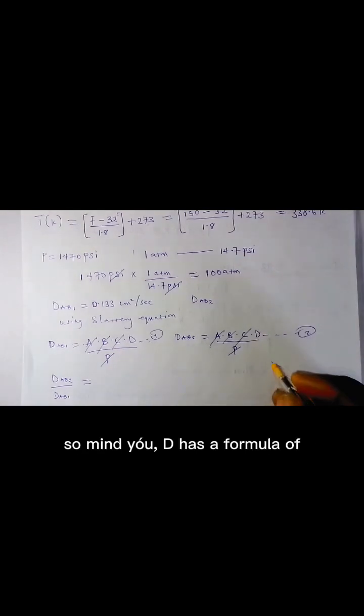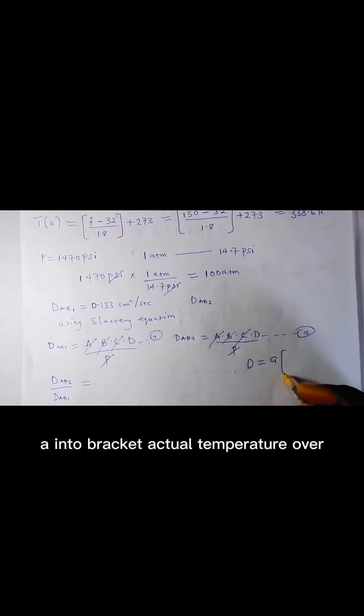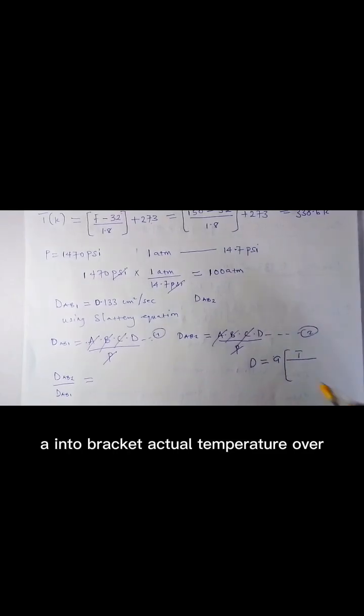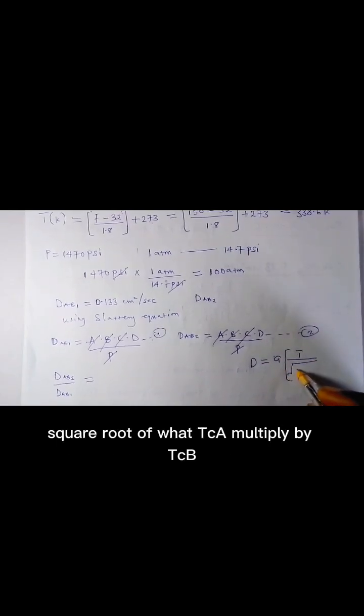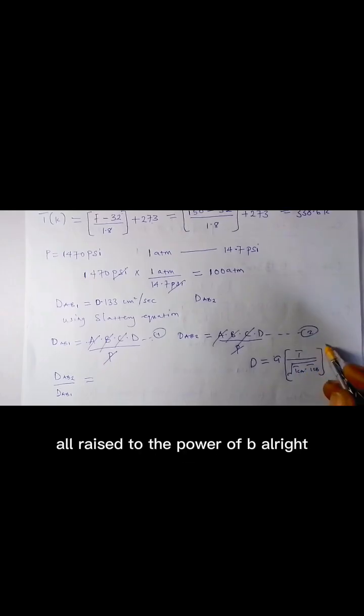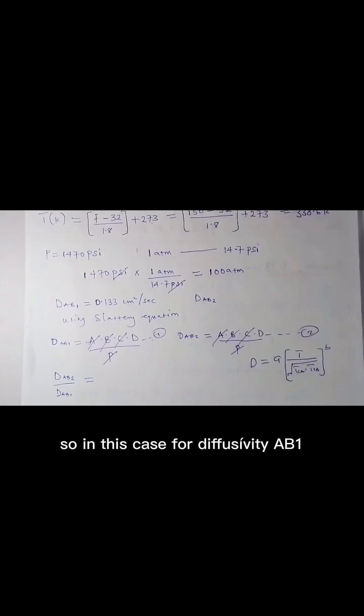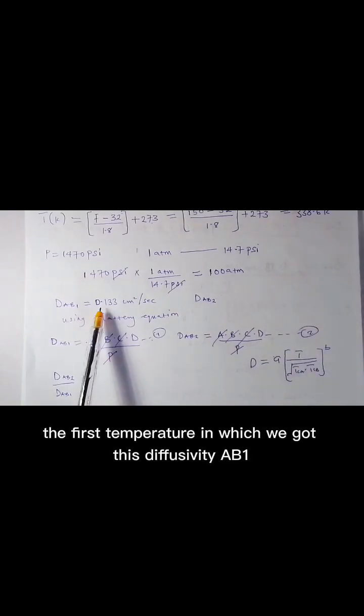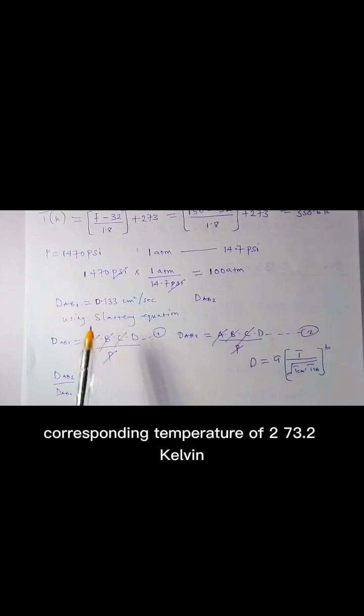Mind you, D has a formula of A into bracket actual temperature over square root of TCA multiplied by TCB, all raised to the power of B. So in this case, for diffusivity AB1, the actual temperature is 273.2 Kelvin, the first temperature at which we got this diffusivity 1.